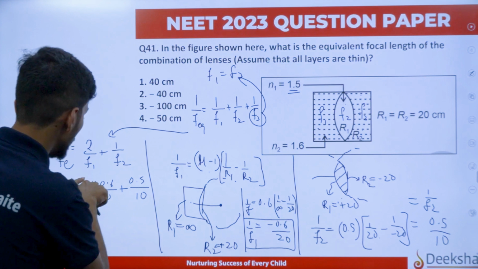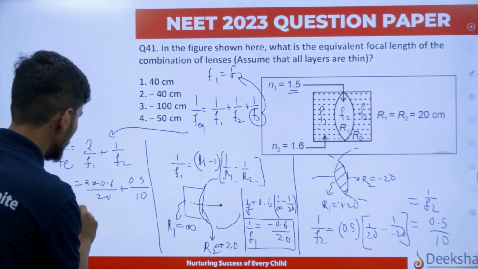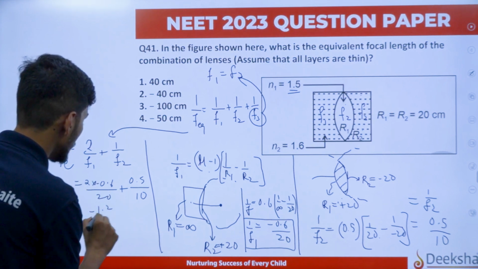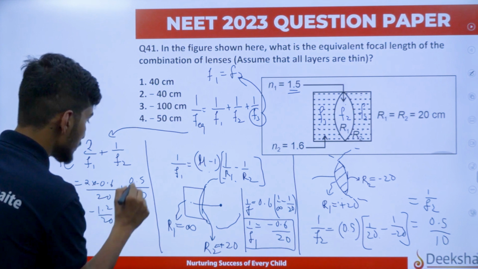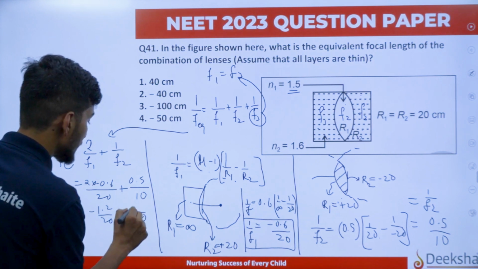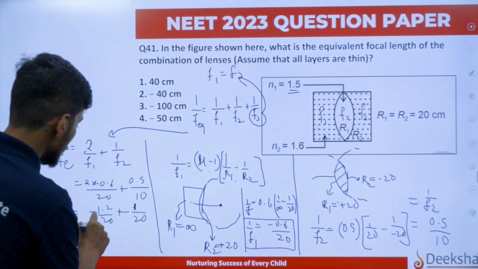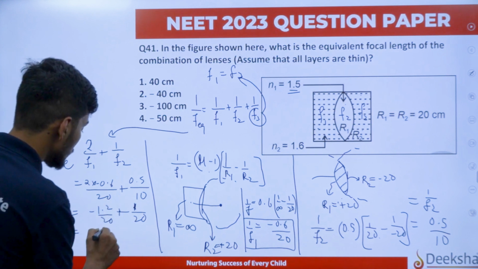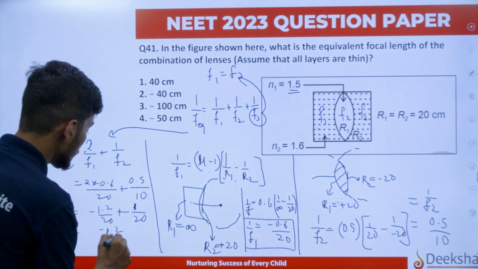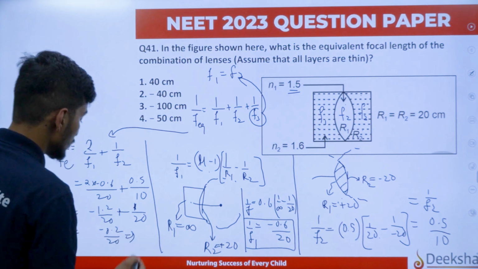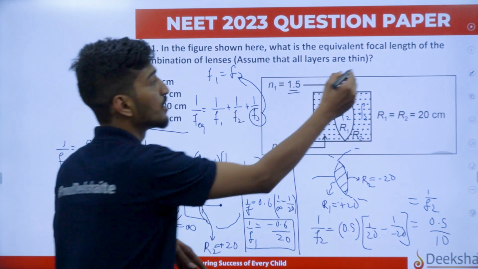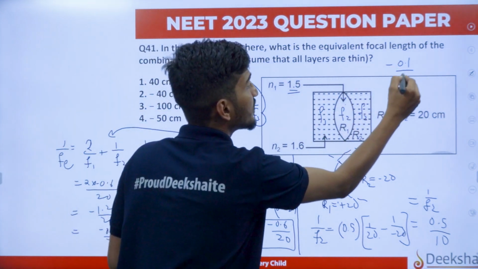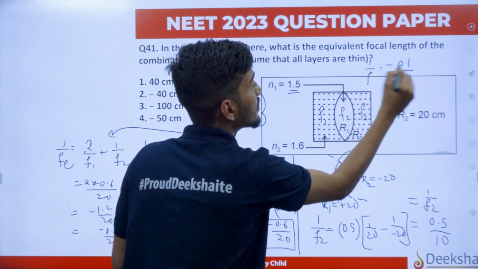Get it? 2 into minus 0.6, minus 1.2 by 20, plus 1 by 20. So 1 minus 1.2, in other words, minus 0.2 by 20 or minus 0.1 by 10 is my 1 by f equivalent.